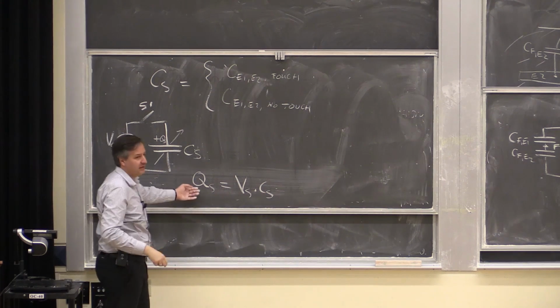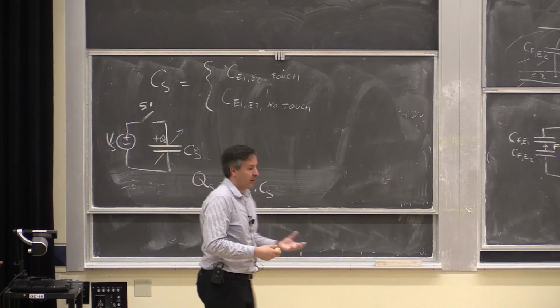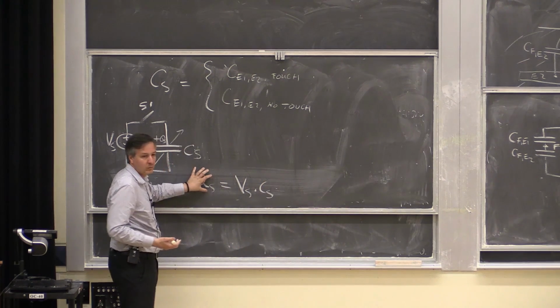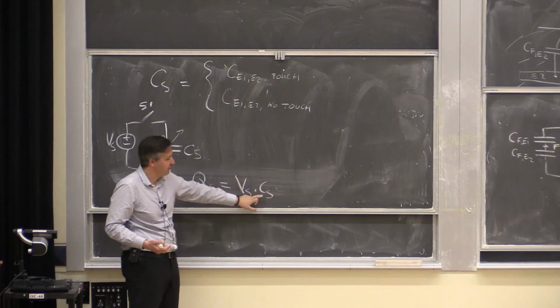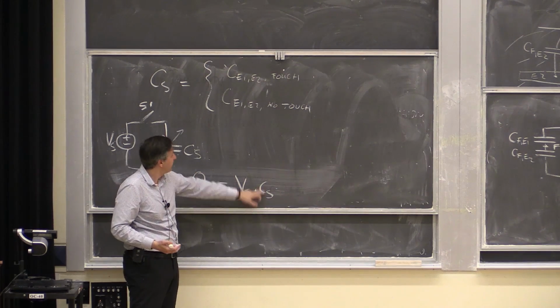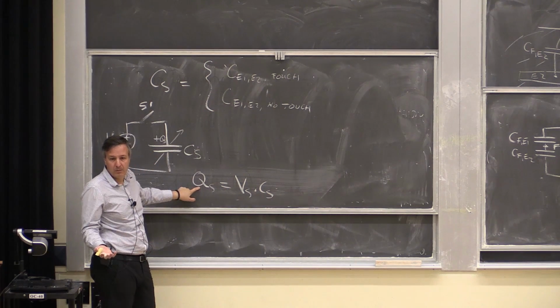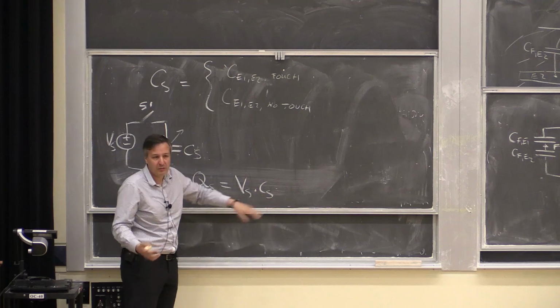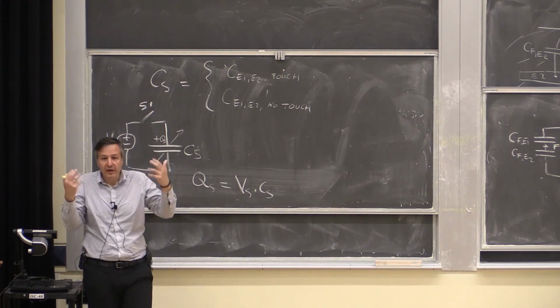Once I have that, I have to worry about the second phase. I got some charge, and because Vs is fixed, this charge is proportional to whatever Cs is. If Cs is small, meaning no touch, Qs will be small. If Cs is big, meaning I touched the electrode, Qs will be bigger as well.